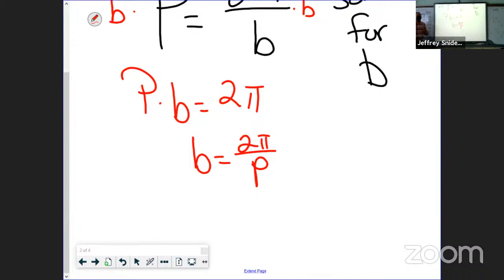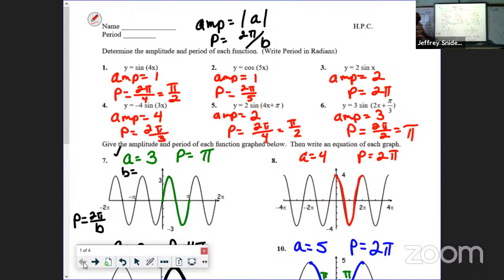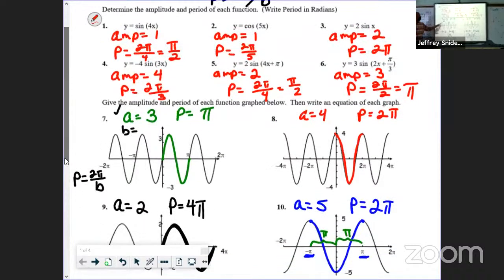Because I know what the period is, don't I? My period is pi. So I know that B is equal to 2 pi over pi, which is what? There's my B value. I found it. All right.